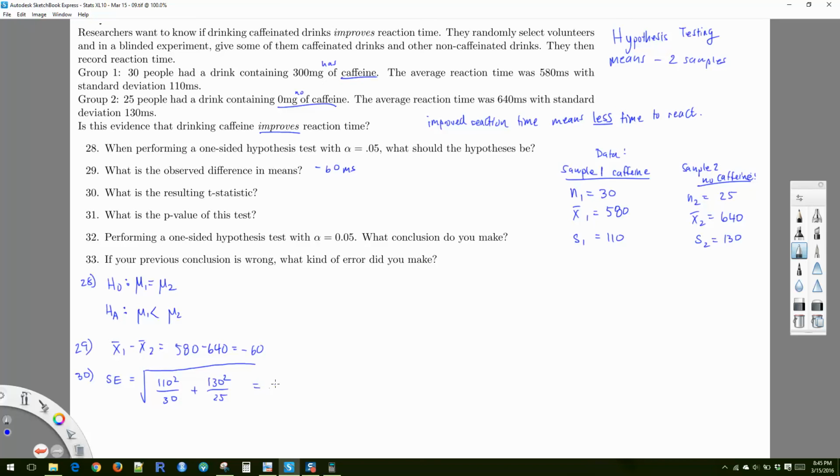When you do all the math, I'm getting 32.85 for standard error. Our test statistic T is going to be X bar 1 minus X bar 2 over the standard error. So I have 580 minus 640 divided by 32.85. I'm getting negative 1.826.